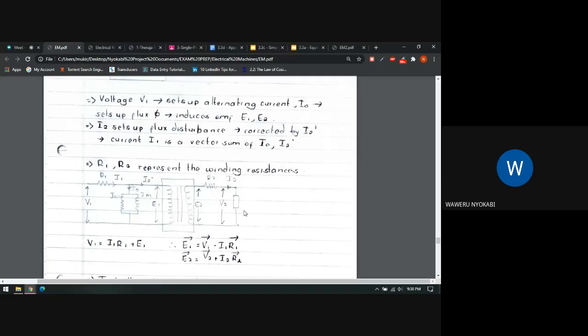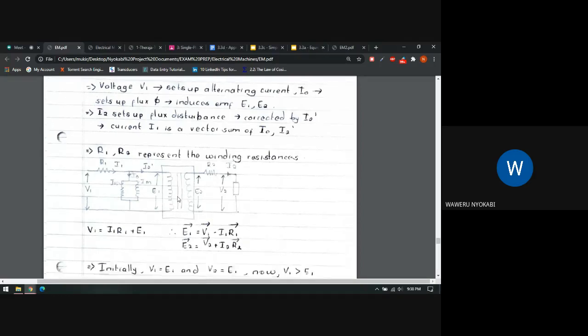So remember this model from type 2. Now what we're going to add is the resistance on this side and resistance on this side. And remember, this represents the ideal transformer. Over here, we're slowly modeling it and adding the things that we are going to start considering in order to finally get our actual transformer.